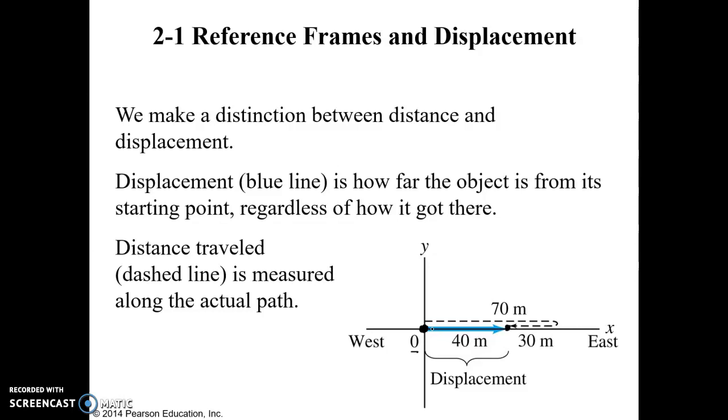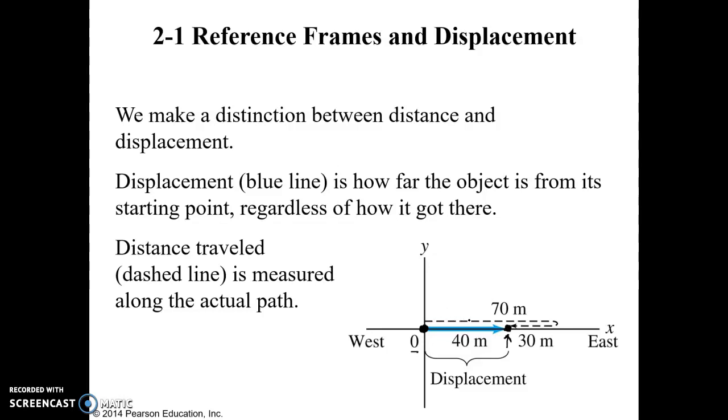In situation number 2, represented by the blue line, we start at the same point and simply travel 40 meters to the east. In both situations, we have ended up in exactly the same place.